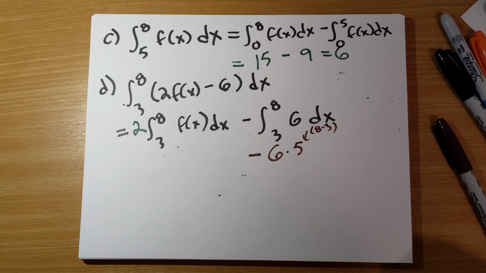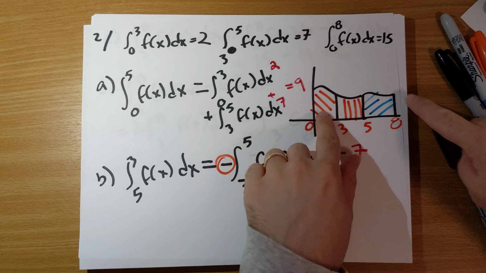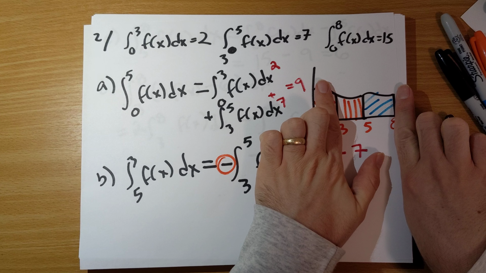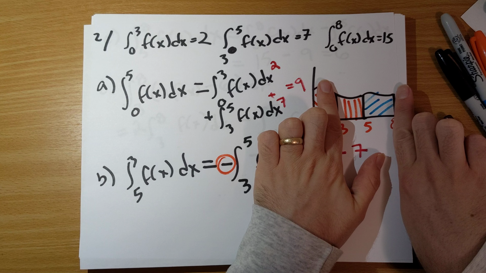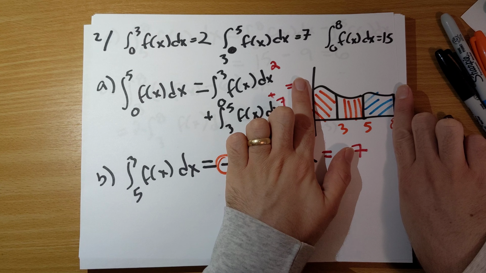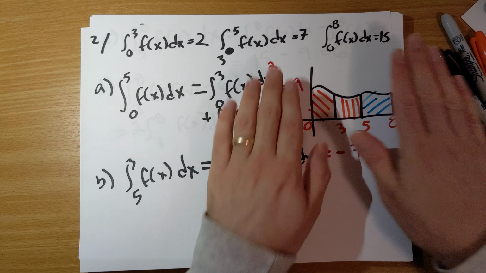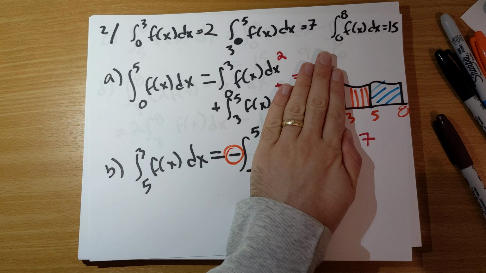Okay, how do we come up with now the integral from 3 to 8 of f of x dx? Well, let's just go back to this chart here. We want this part of the area here. Well, we can find this by taking the integral from 0 to 8 and then subtracting off the integral from 0 to 3. So this minus this will give us this.